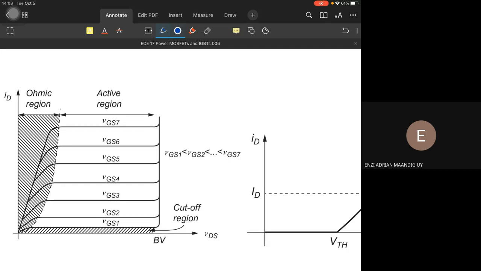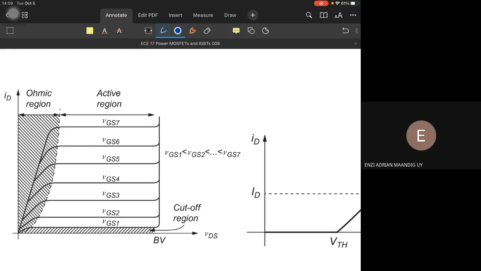Technically, the saturation region in a MOSFET is the active region. Active or saturation, but most probably that would cause confusion. So they did not label it that way, and they labeled the quote-unquote saturation region of the MOSFET as the ohmic region.